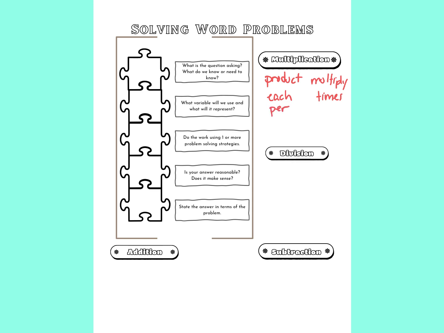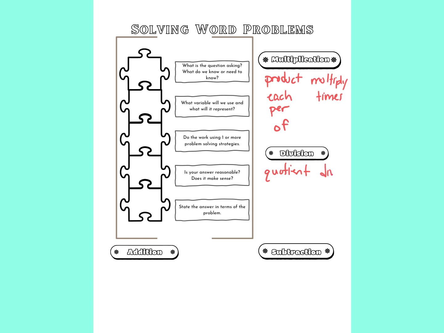You see per, sometimes it means we're going to multiply, but not all the time, so we've got to read in context. And then the word of, like when we talked about percent equations, of means to multiply also.